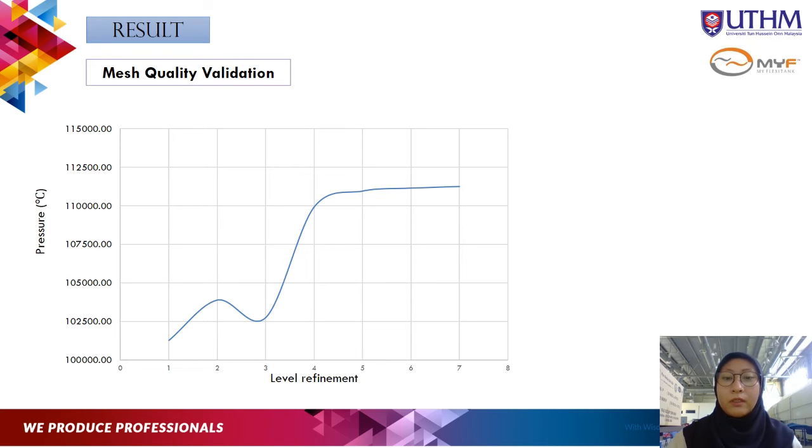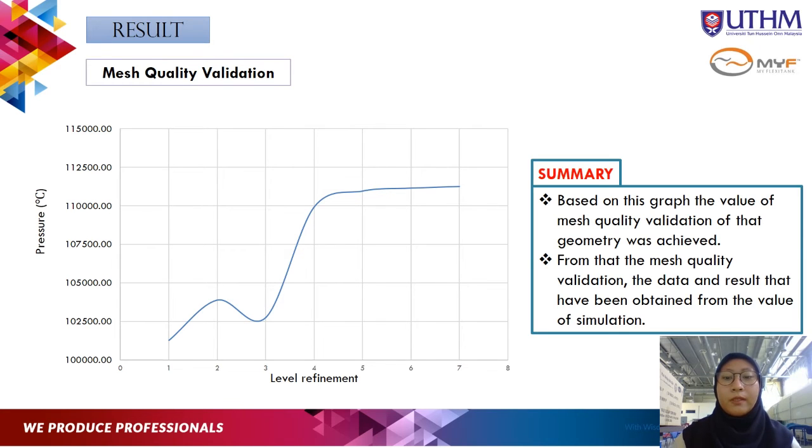So for the summary of this graph, the mesh quality validation of the geometry was achieved, and the data and the result have been obtained from the value of the simulation.